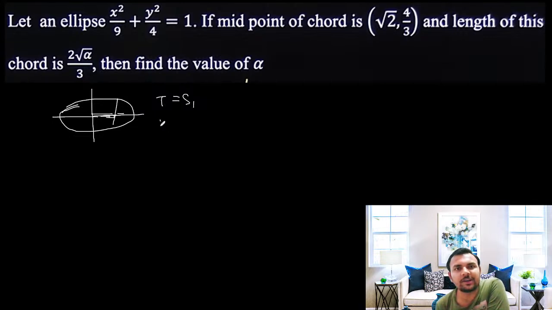So we got it like 2xt plus 1 by 9 y equal to 1. T equal to S1. S1 is 2 by 9 plus 4 by 9. Okay, so it was something like 2 root 2 x plus y equal to 6.